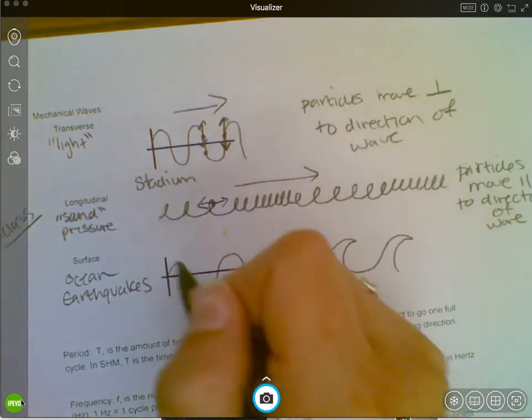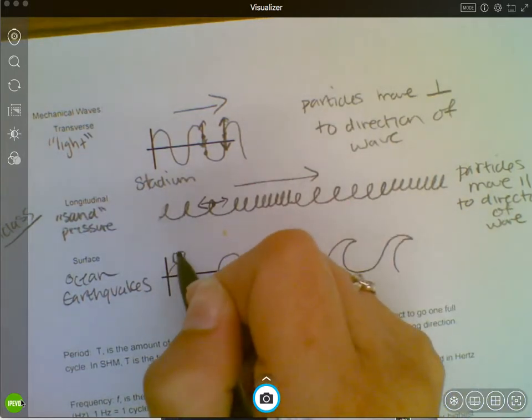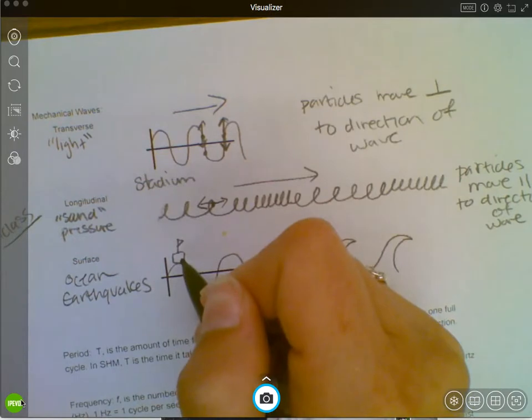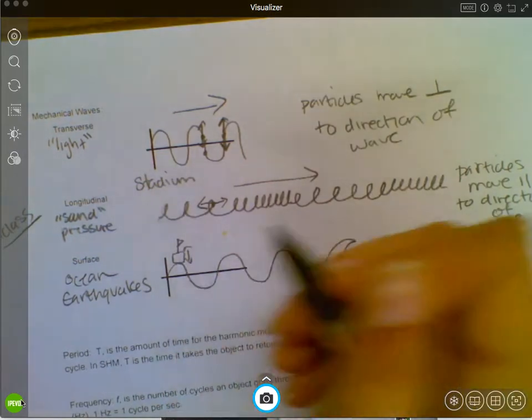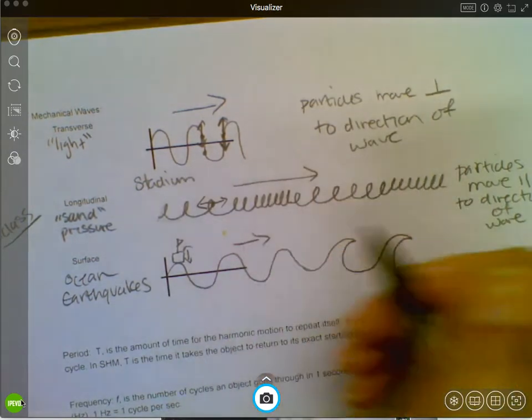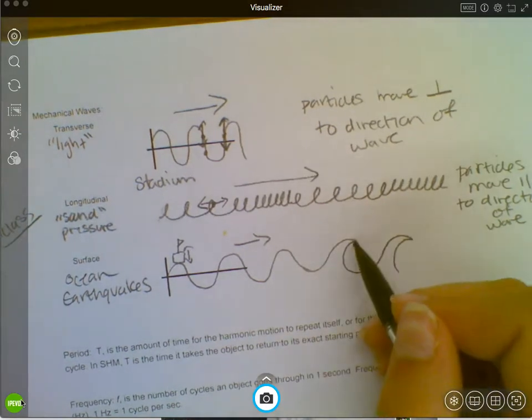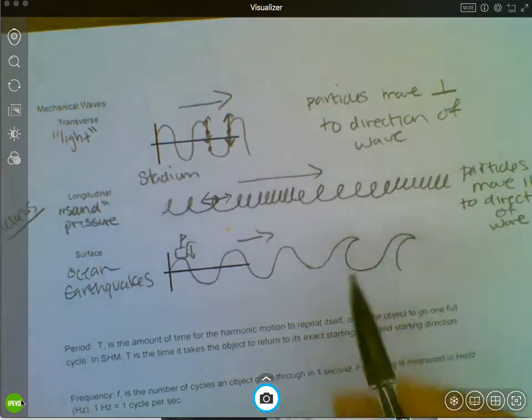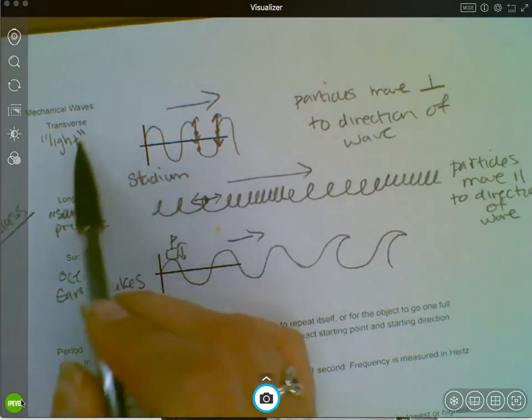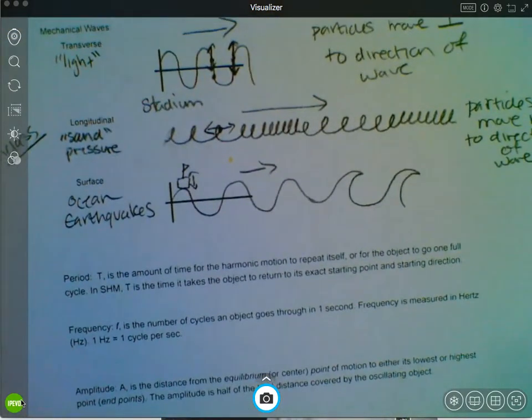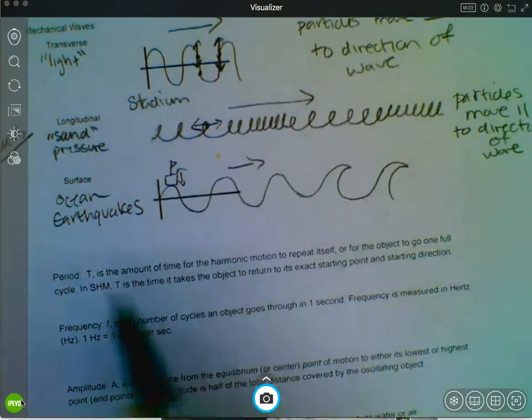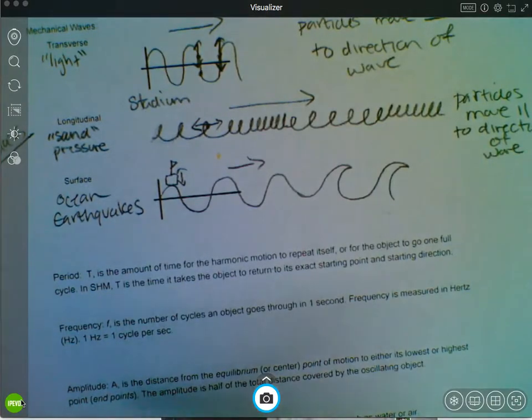It's like an ocean wave. And so if you had someone on a boat, right, they would be bobbing up and down. The wave would be moving this way. We're not going to worry as much about surface waves. We're more interested in these top two. Okay?